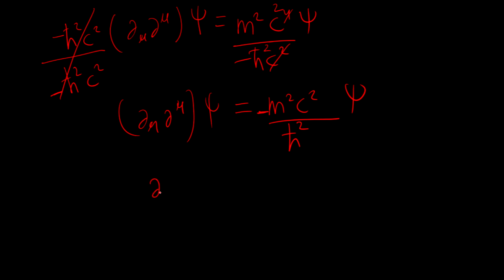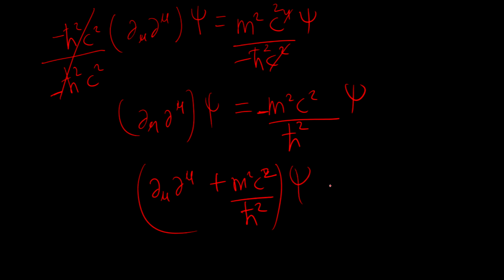So I can write this equation as del nu del mu plus m square c square over h cross square, acting on psi, is 0. This is basically the Klein-Gordon equation.